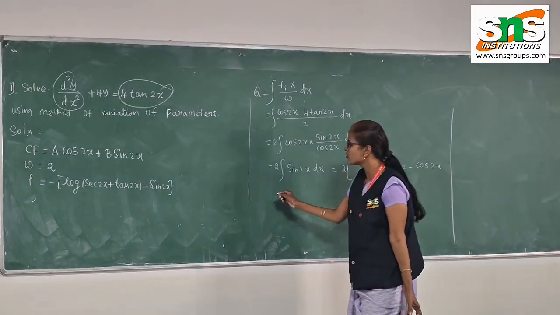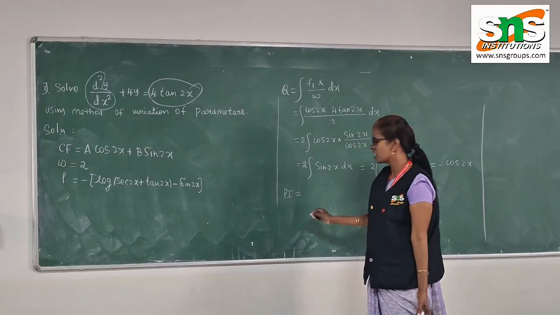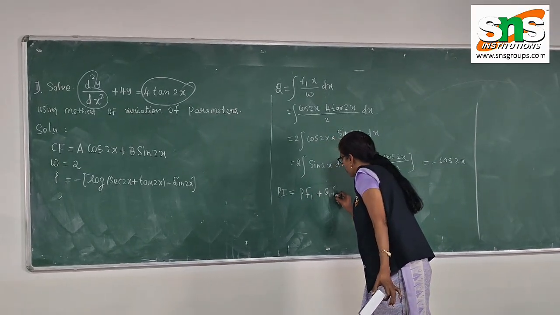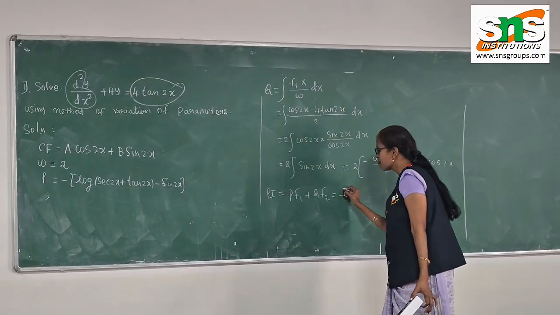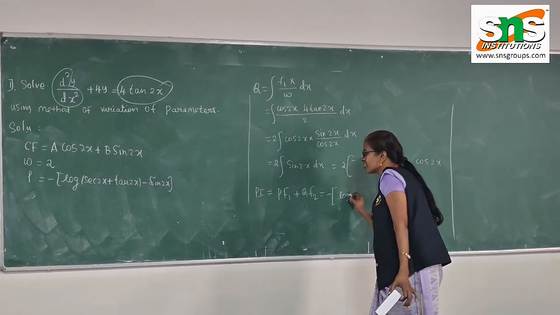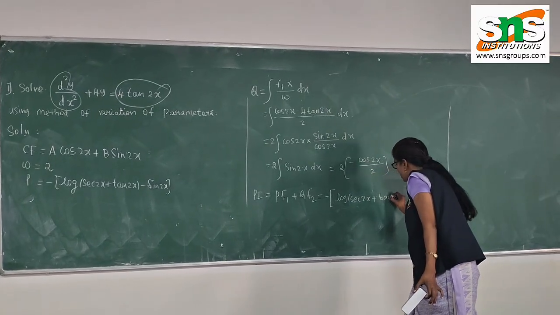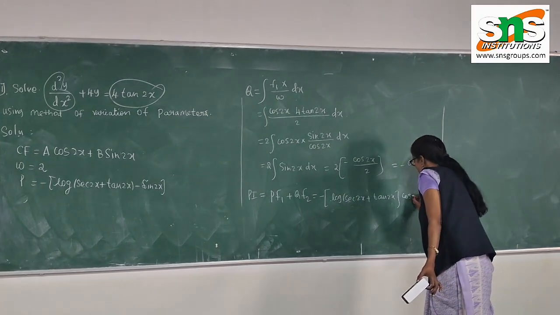The next thing is we are going to write the particular integral. The formula is Pf1 plus Qf2. Write the P answer: log of secant 2x plus tan 2x, into f1, which is cos 2x.